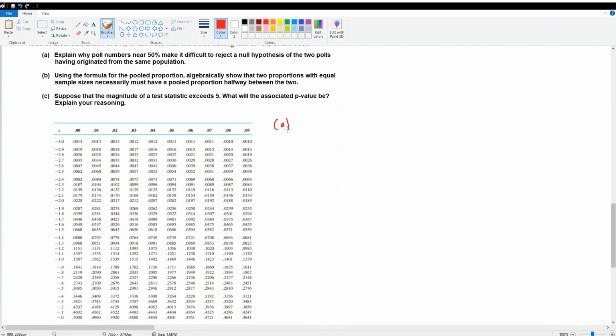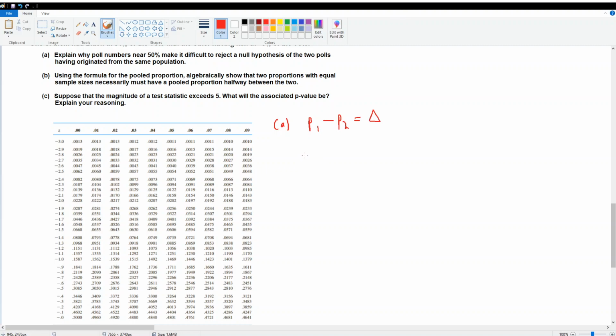The culprit is the standard deviation, and here's why. No matter what the difference between the two polls is, let's suppose that P1 minus P2 is equal to some difference delta. We don't know what it is. Let's just call it something. Whether or not they have similar sample sizes isn't going to matter.